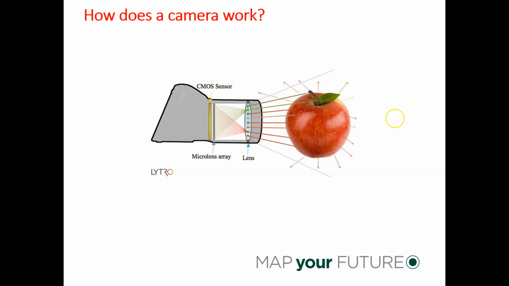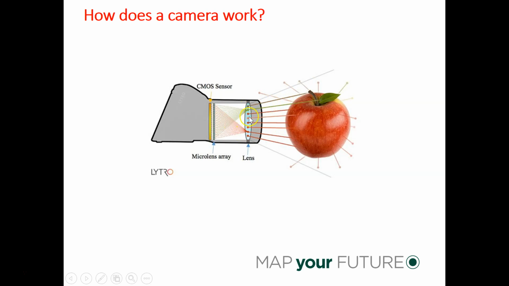And so what happens here? Well, some source of energy, like sunlight or energy from a light bulb, is emitted. It bounces from the object, in this case an apple. And then that reflected energy is being registered by the device, by the camera.